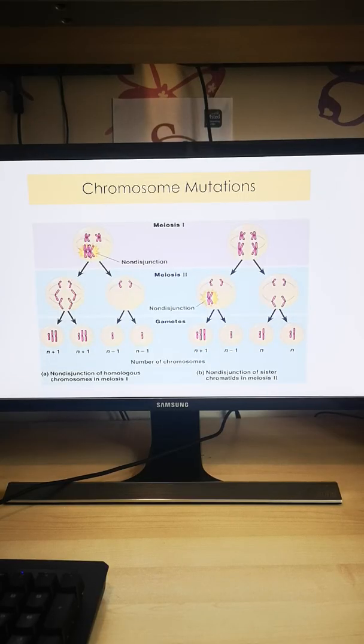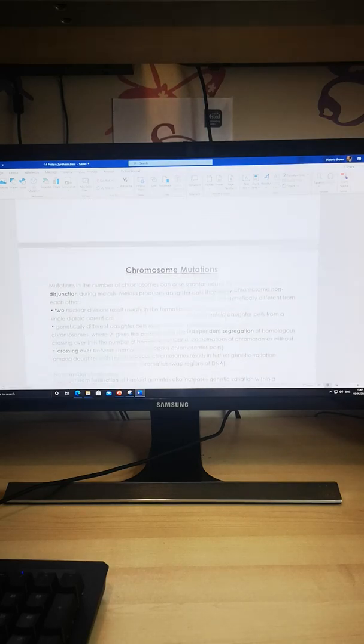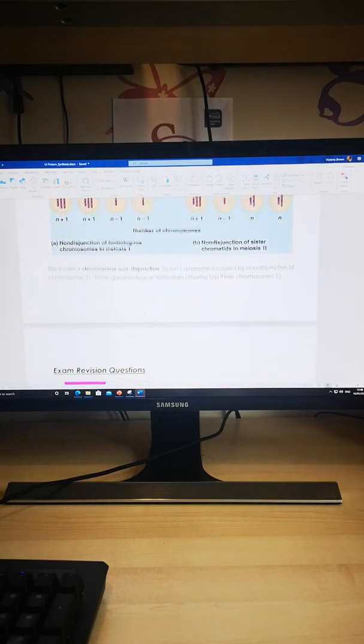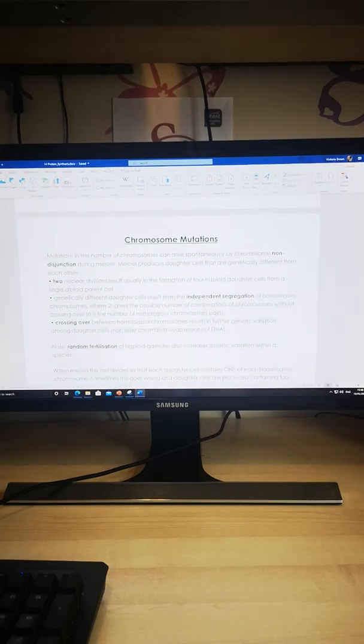Okay, so this one is the final PowerPoint, PowerPoint 4. This is called chromosome mutations, and it links to just a tiny section of your keynotes, just one page. Chromosome mutations are mutations in the number of chromosomes, and they're spontaneous events as well, but these occur during meiosis.